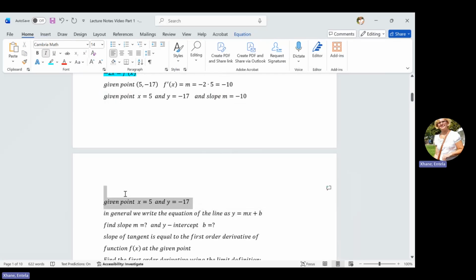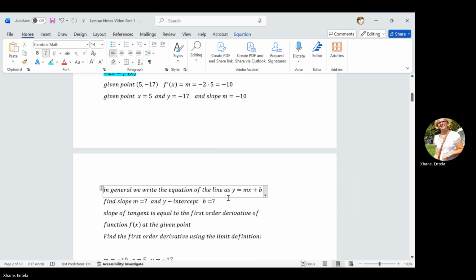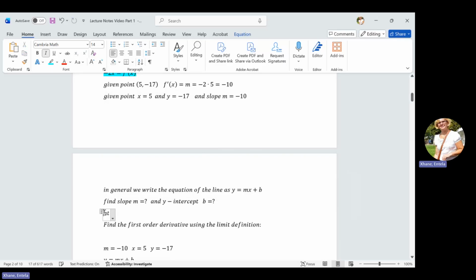So what I'm going to do is use the coordinates of the given point and the slope, plug them into the slope-intercept form, and then find the missing element, which is the y-intercept. So let's do that.